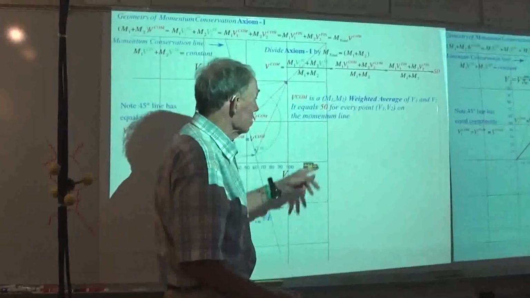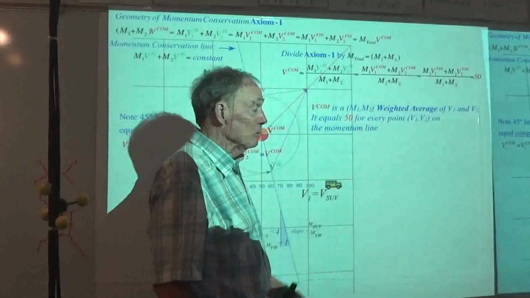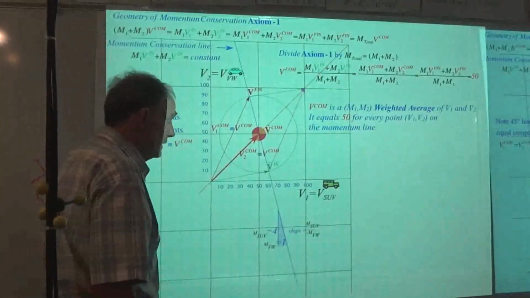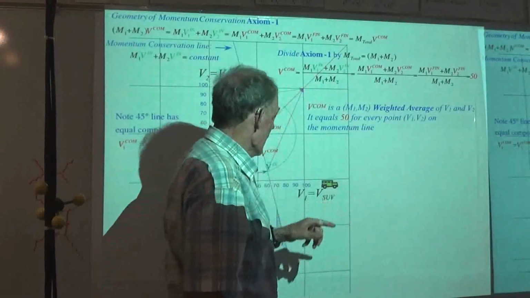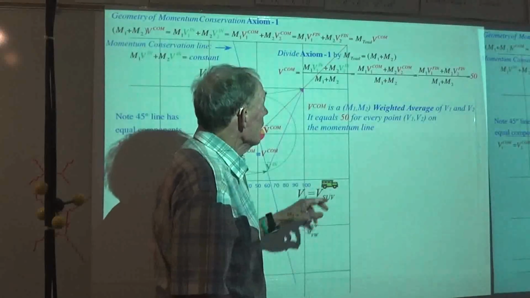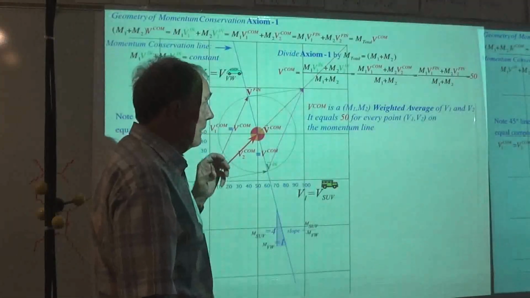Okay, weighted literally by a mass 1 and a mass 2. Number 1 being this heavy SUV, 4, and number 2 being our little light Volkswagen that has a mass of 1.